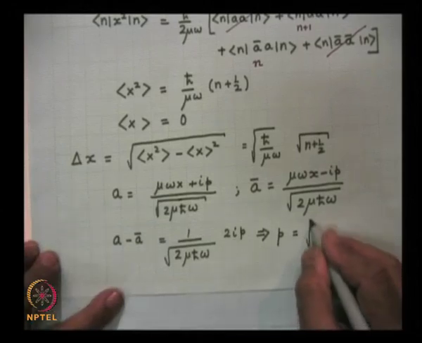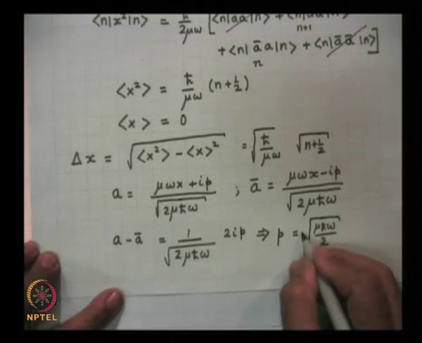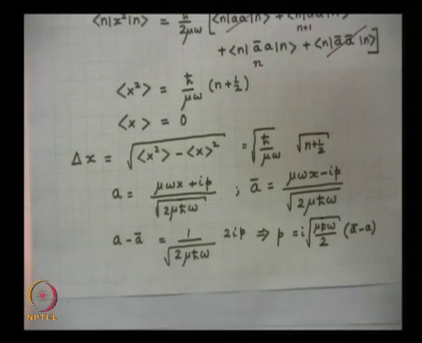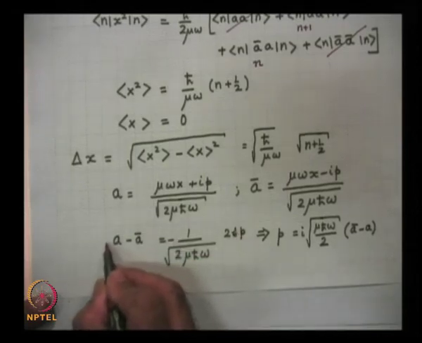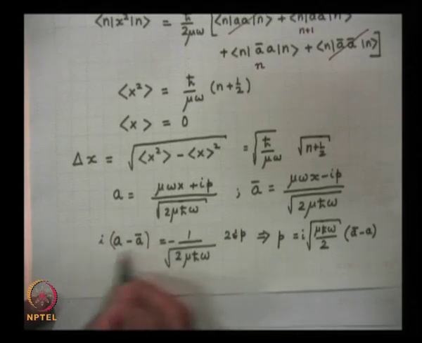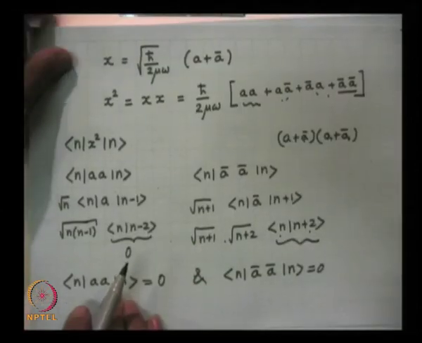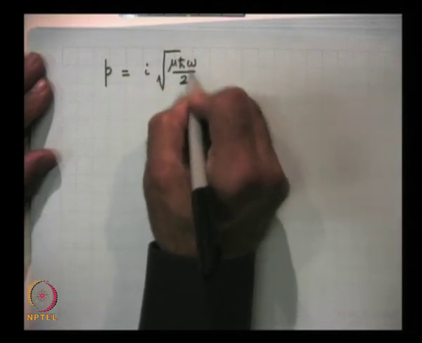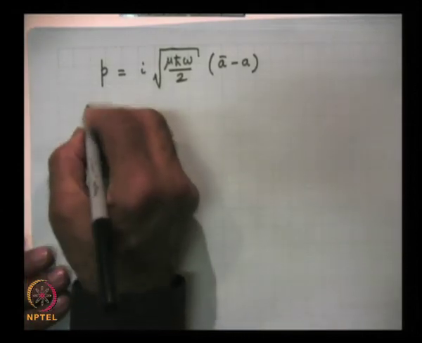So, it will be the square root of mu h cross omega by 2, then i, and then A bar minus A. Please see, if I multiply this by i, this becomes a minus sign here, and if I take the minus sign here, then A bar minus A. So, therefore, we finally obtain that the representation of the operator P is equal to i times the square root of mu h cross omega by 2 times A bar minus A.